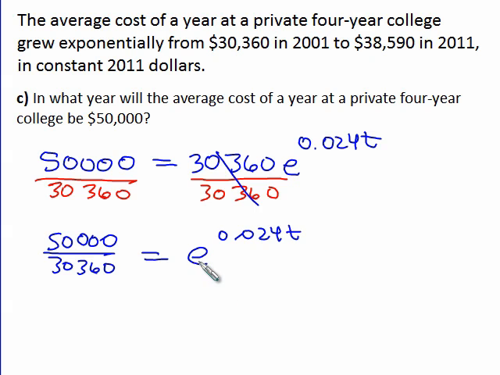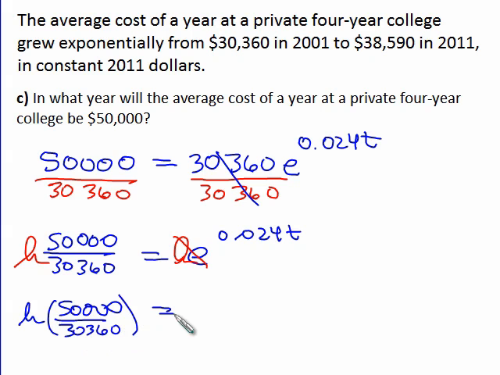Next, to get the t by itself, I'm going to have to take the natural log of both sides. This will cancel my exponential, leaving me with the natural log of 50,000 over 30,360 equals 0.024t. So the last step then is divide both sides by 0.024.